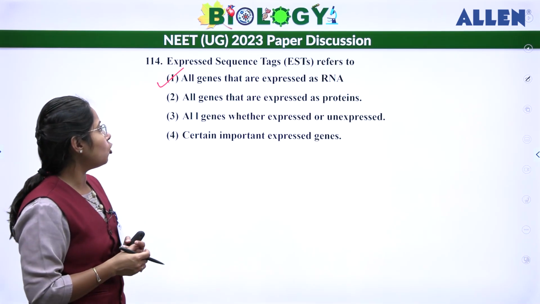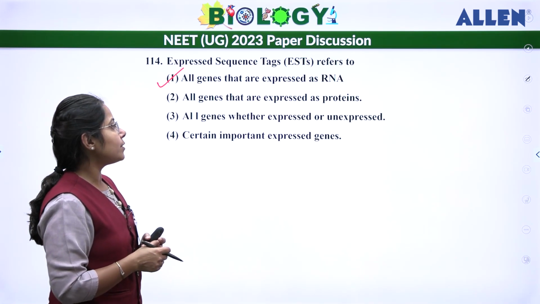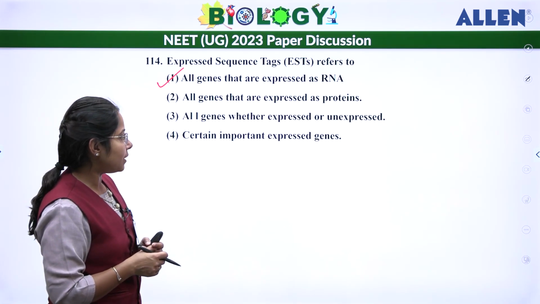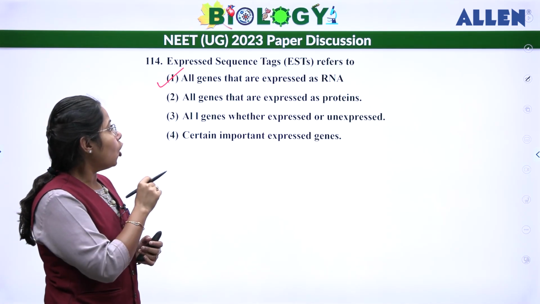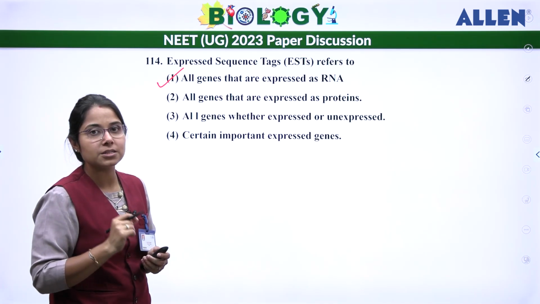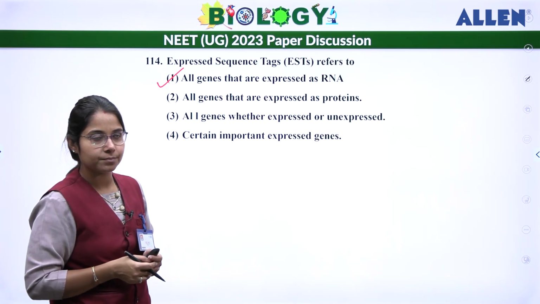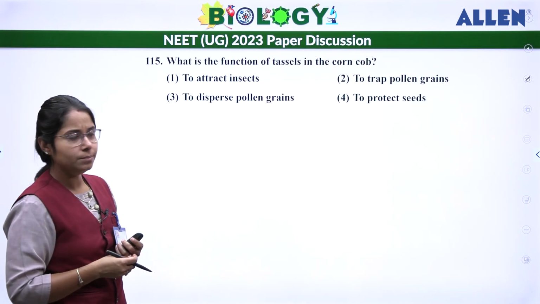If we see the other options: all genes that are expressed as proteins, all genes whether expressed or unexpressed, and certain important expressed genes. So the correct answer will be all genes that are expressed as RNA. That is expressed sequence tags. Okay? Next question.